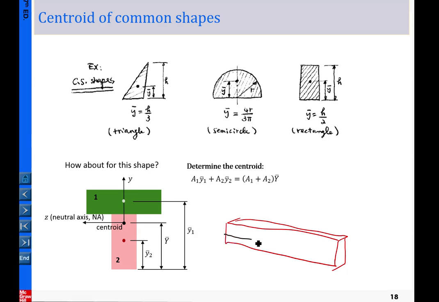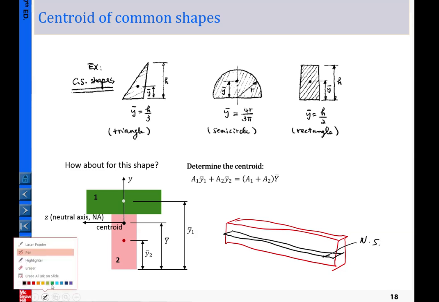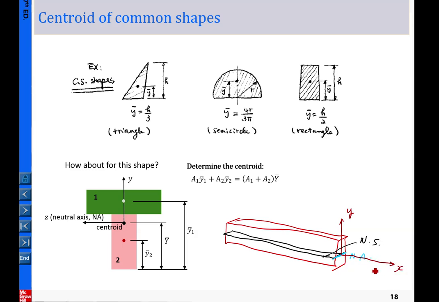This is our neutral surface, and the intersection of the neutral surface with our cross section is what we call the neutral axis. In our placement of the coordinate system, Y is in the vertical direction, X is in the longitudinal direction, and Z is aligned with the neutral axis.